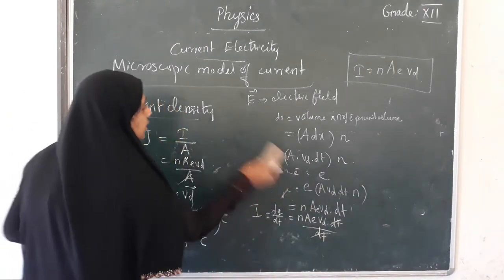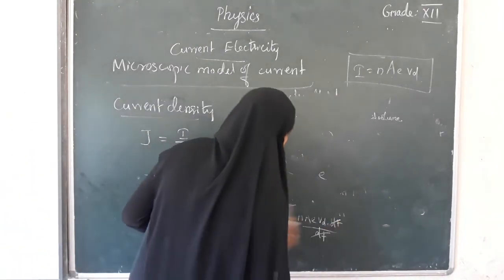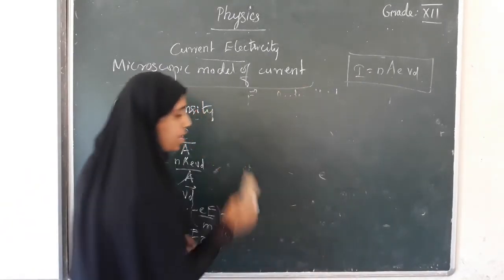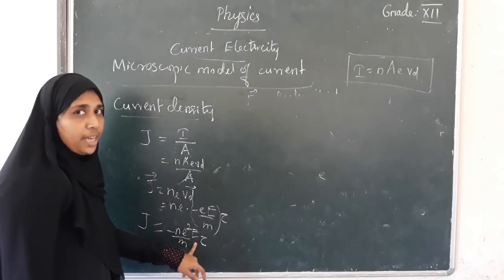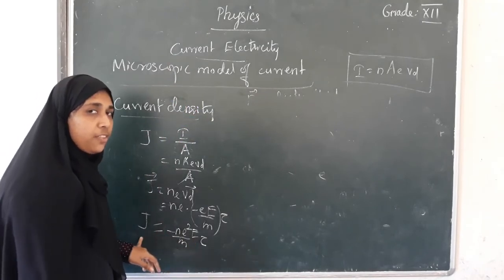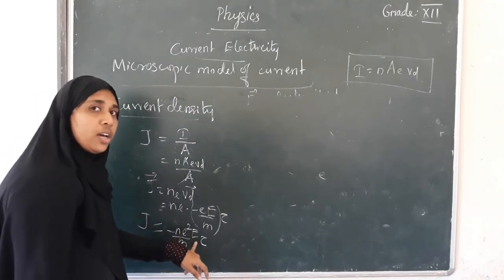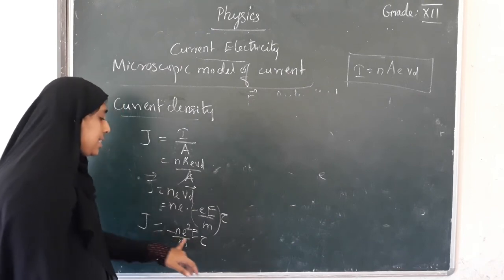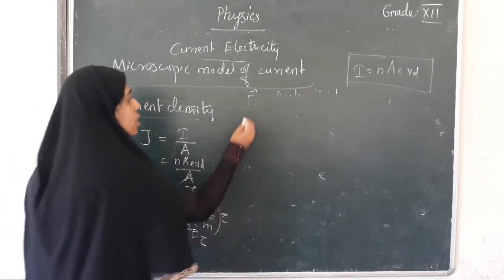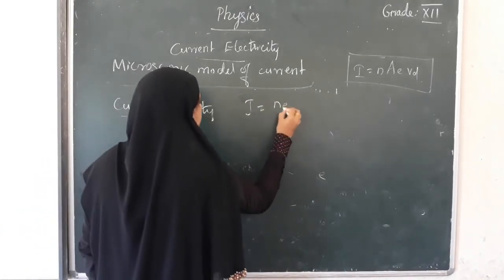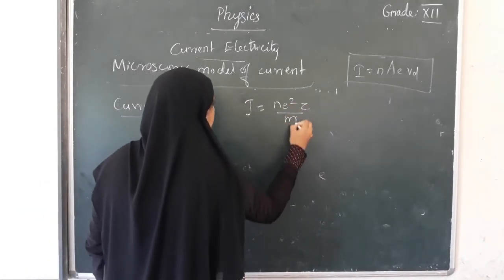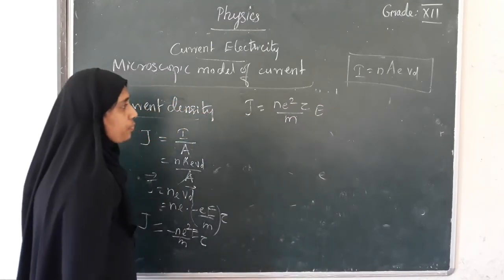Here we are taking the positive value because the current density and the electric field are in the same direction. The drifted electron flow and electric field are in the opposite direction, but the current density and electric field are in the same direction. So we can take the magnitude as J is equal to n e square tau by m into E.